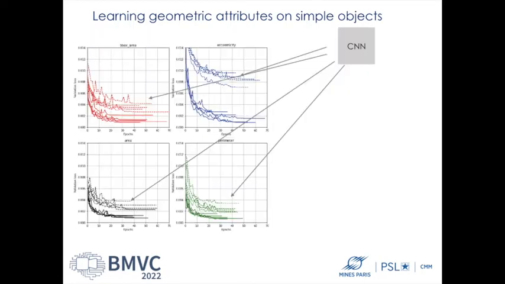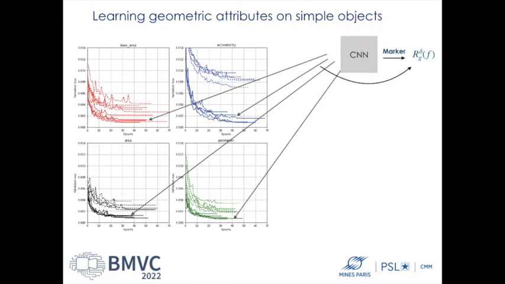We performed 10 repetitions of the training by changing the initialization, using a traditional protocol to train a CNN. The details are in the paper, and we show here, for the 4 attributes we want to learn, the learning curve on the validation dataset for a classical CNN in dots, and in lines our proposition using reconstruction at the end of the network.